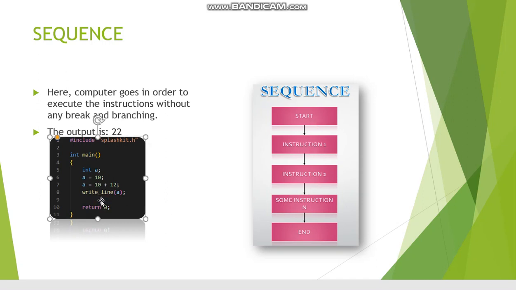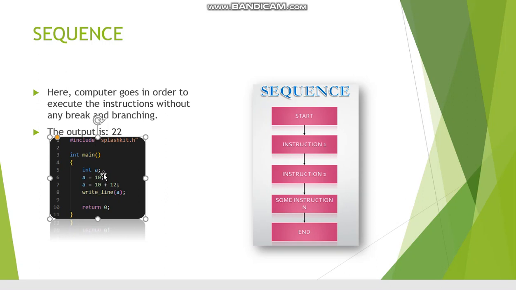Here I have taken an example. Let us understand with the help of an example. It will clarify it. Here I'm using the SplashKit library, and every code in this video will be explained using the SplashKit library.